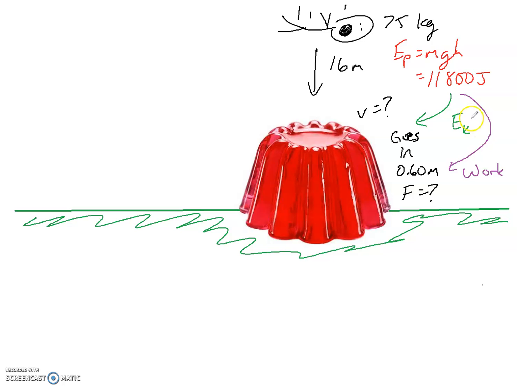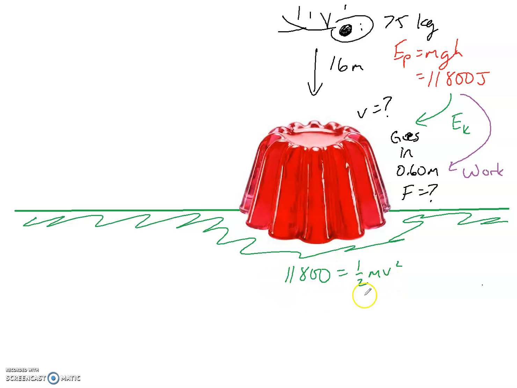So first of all, to find the speed that he hits at, I'm just going to take that potential energy, the total energy he started with, that 11,800, and make that equal to just his kinetic energy. Now, of course, you could have done mgh equals 1/2 mv squared right away and canceled off the m's, because mass has nothing to do with how fast you fall, so it's irrelevant, but that's okay.